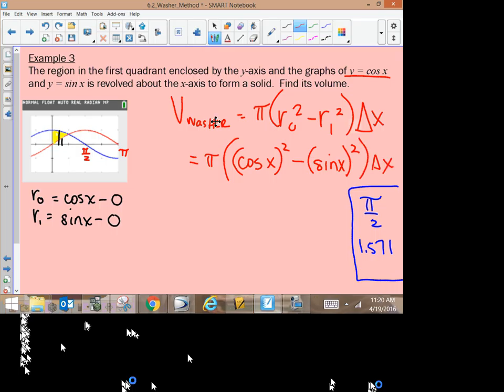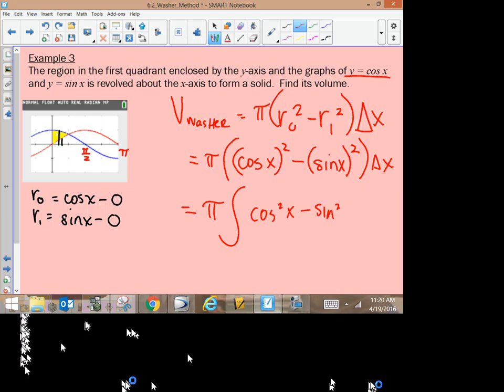Okay, so integrate. I know it's x, so it's 0 to whatever this is.